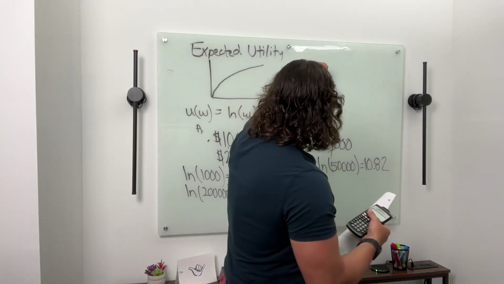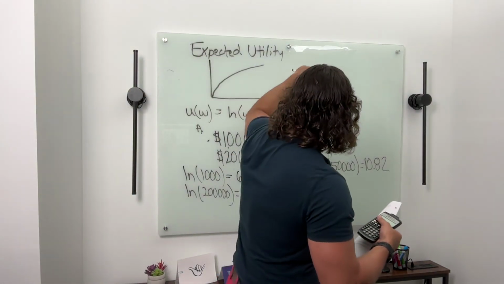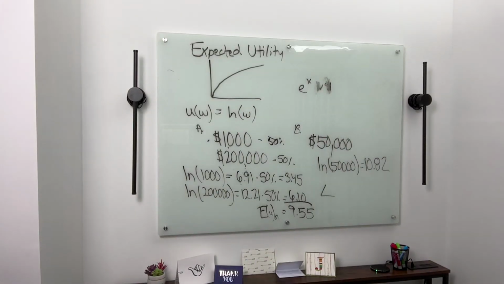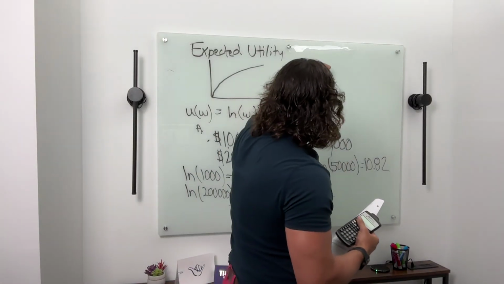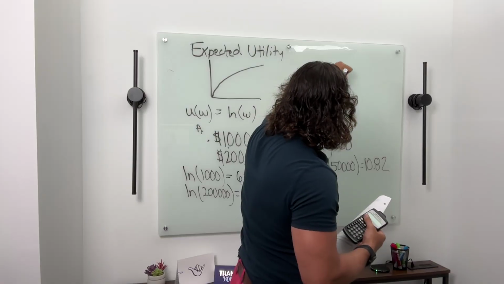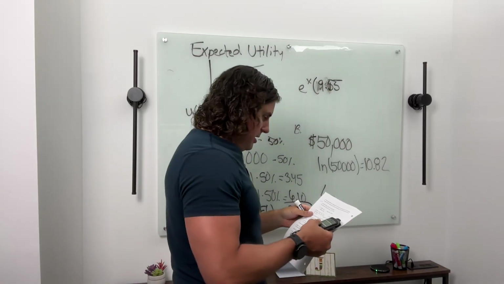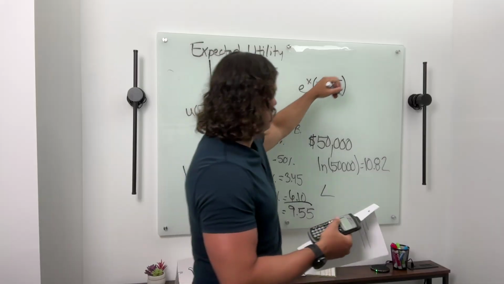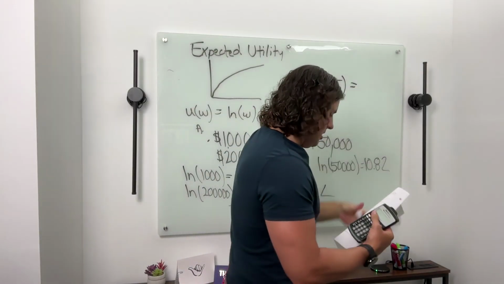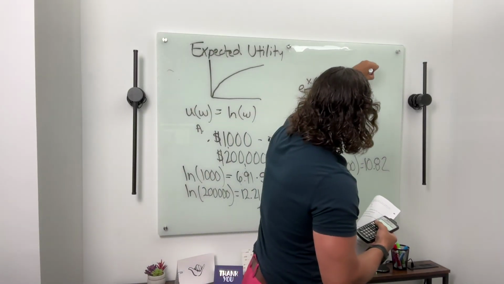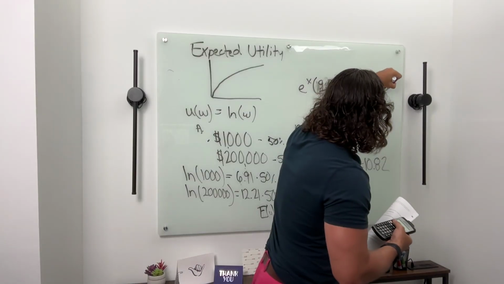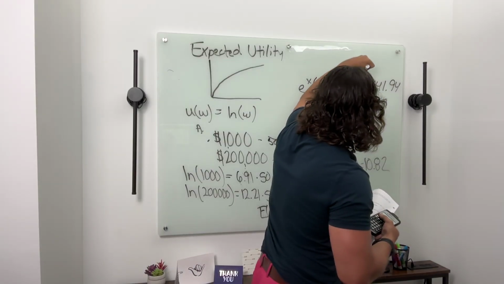And I'm going to type in 9.55, or whatever we had with our utility function. And then I hit e to the x, and it'll give me $14,141.94.